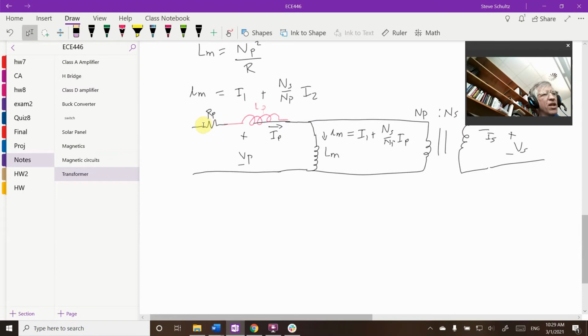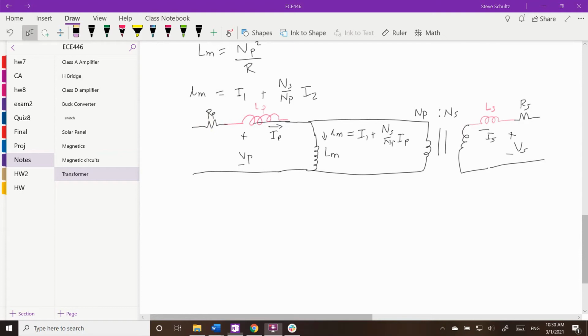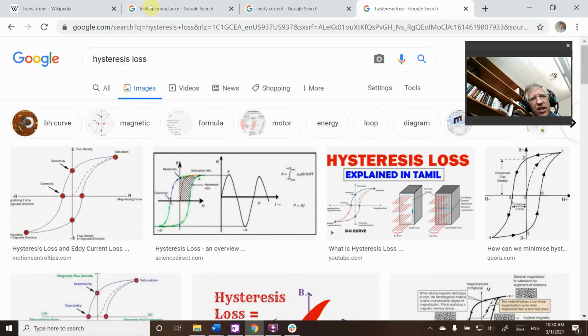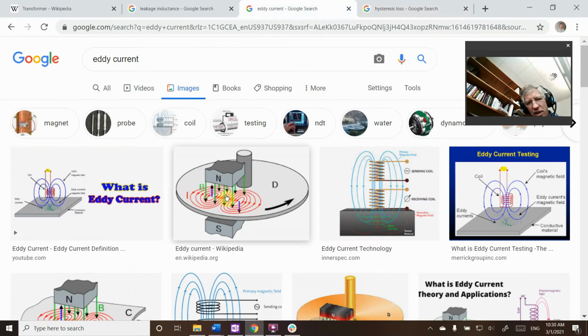The next thing that I have is what's called eddy current loss and hysteresis loss. Let's look at these two losses, starting with eddy current. If I look at this picture right here, if I have a magnetic field that's moving over a conductor, I get these little induced electric flows in the material.